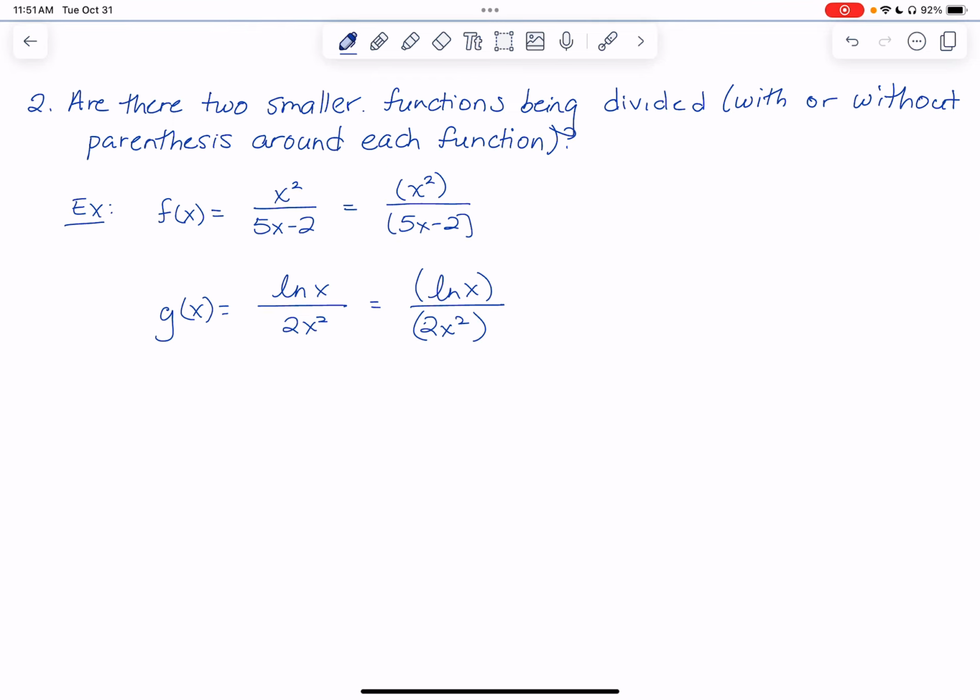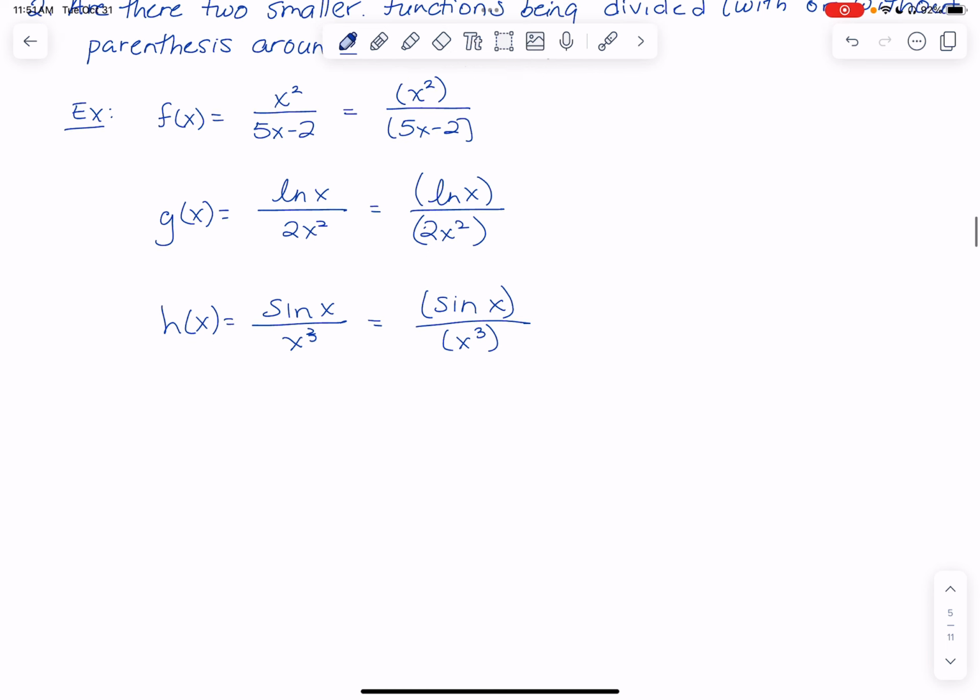Let's say I have the one that we had in the last video, h of x is equal to sine x over x to the 3, sorry. Then I can write this one and use the quotient rule with it instead if I don't want to do what I did in the product rule one. And I have a sine x on the top and an x cubed here on the bottom.